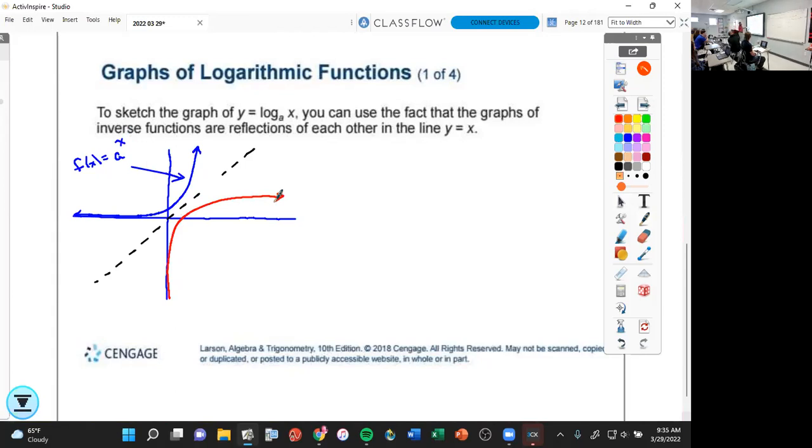Any idea what this point is? 1, 0, right? If this is 0, 1, then this has to be 1, 0. So this right here would be the graph of, I'm going to call it g of x, equals log base a of x.